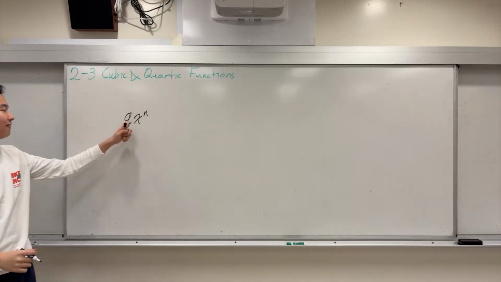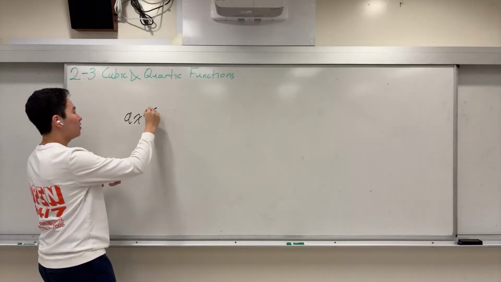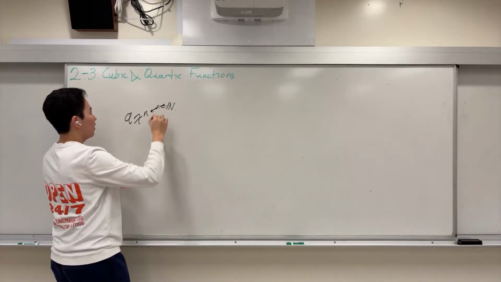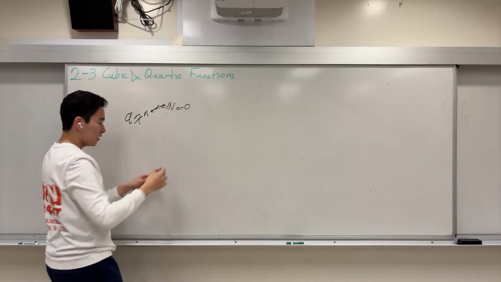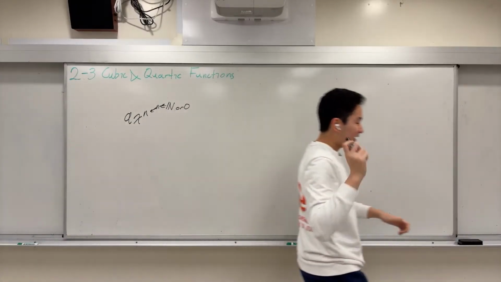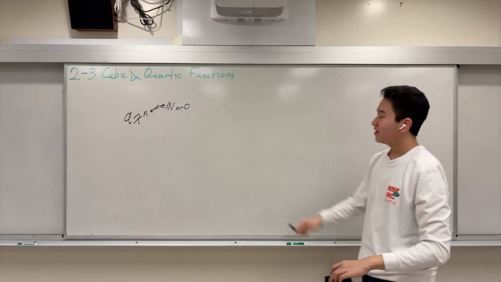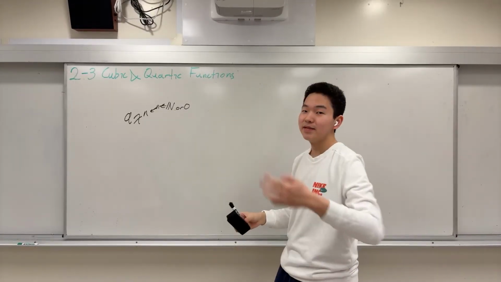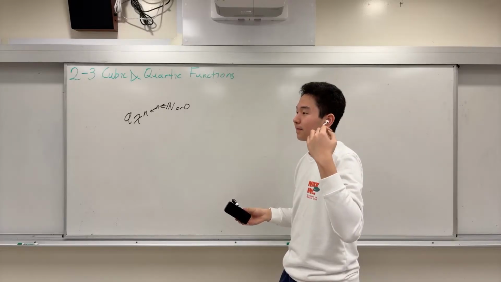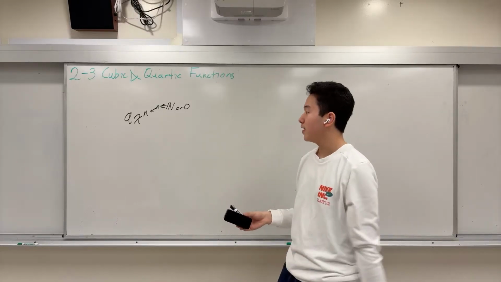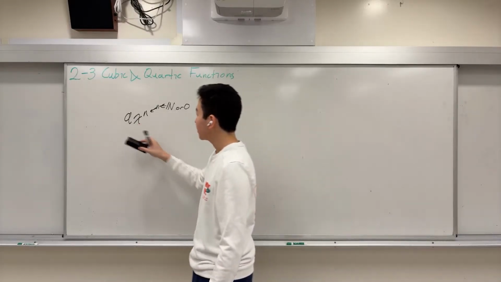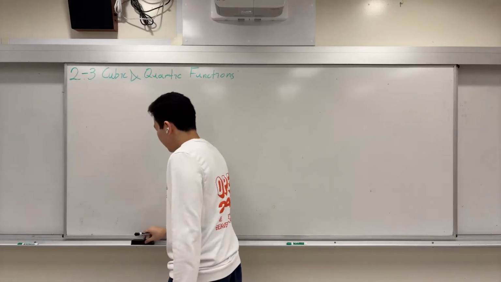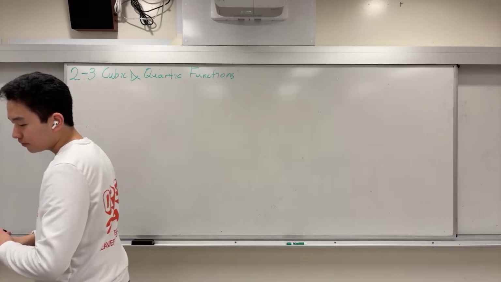You have a coefficient, you have x, and then you have a power n, where n is a natural number or 0, right? And if that n equals 0, that term would be the constant term. And you add up a finite amount of these terms, right? So there has to be a highest order term, and then there has to be the coefficient on that highest order term called the leading coefficient. So what are cubic functions?